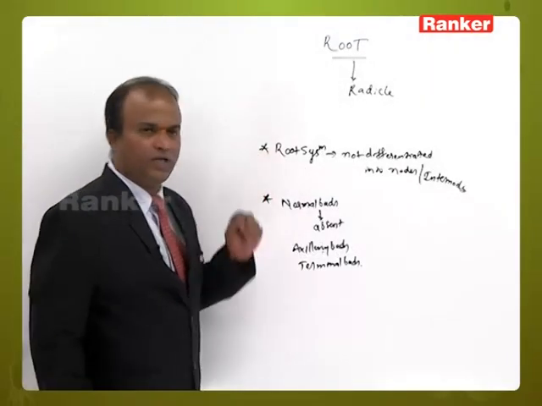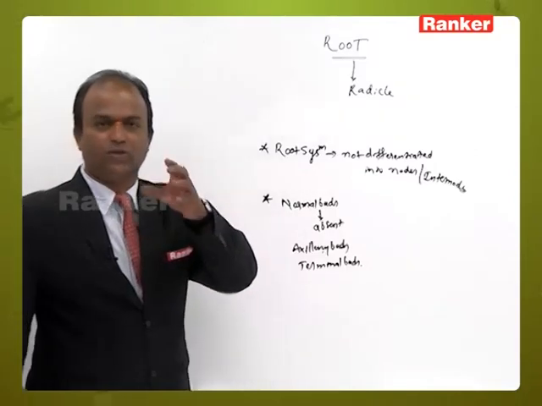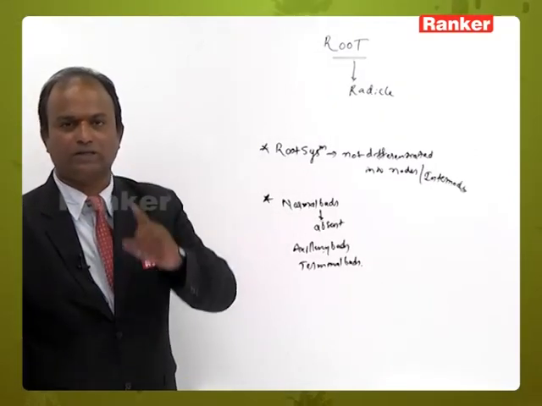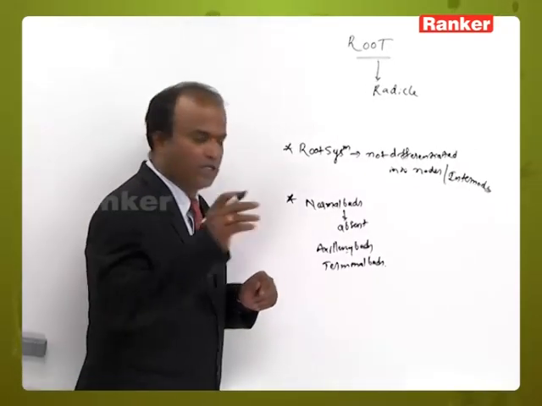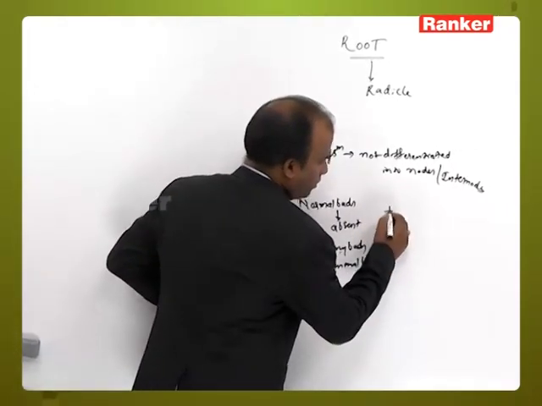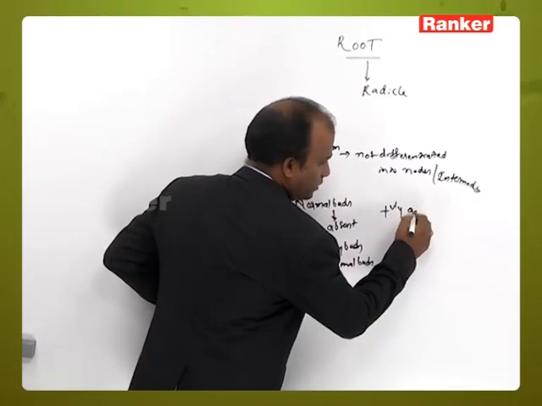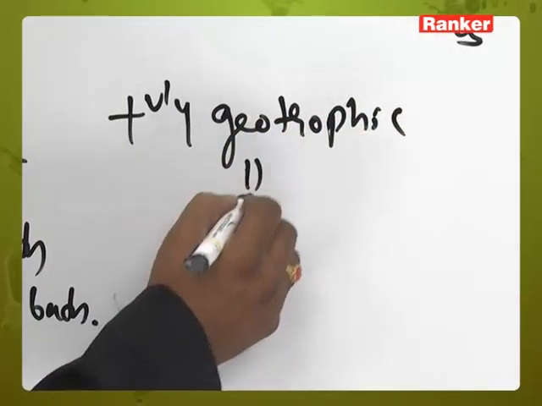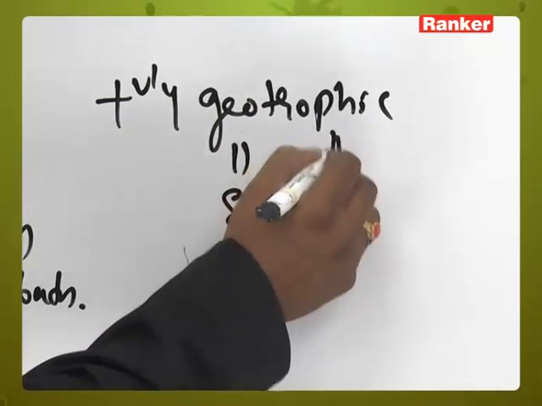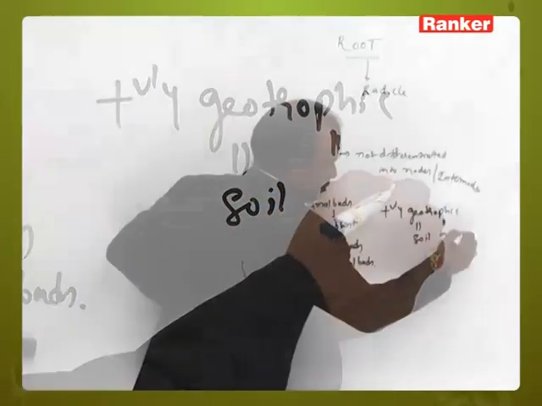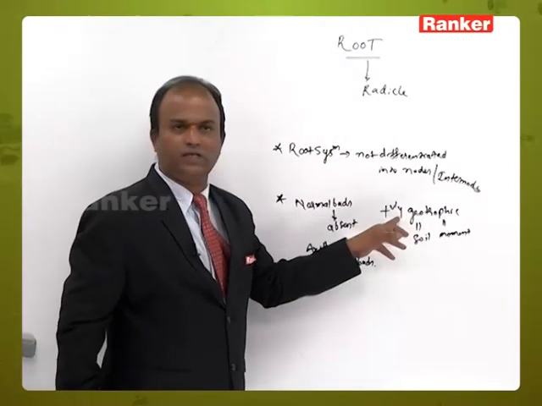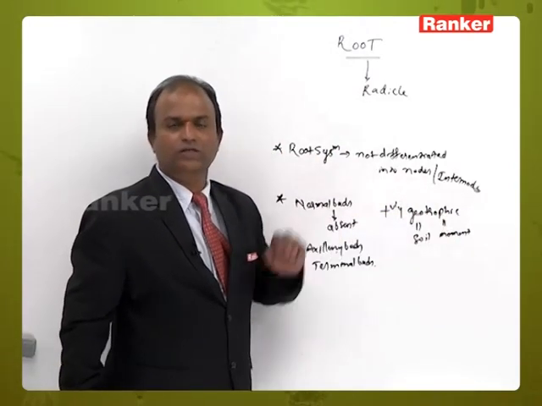Does the root system grow positively phototropic or positively geotropic? It always grows positively geotropic. Geo means soil, tropic means movement. The movement of the root towards the soil is positively geotropic.